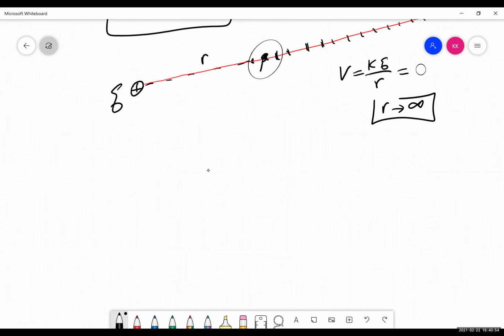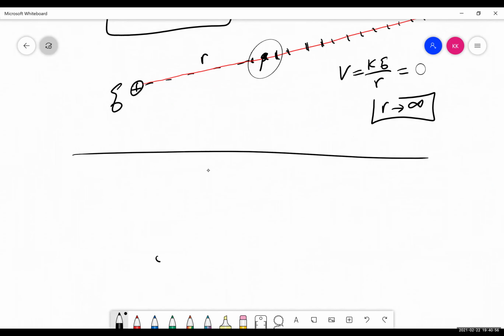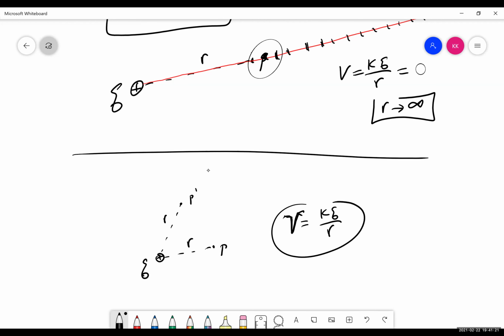If I have some kind of point source charge like this, and I choose some point P at distance r, the potential is kq over r. How about if I choose this point P prime, at the same distance but in a different direction? I calculate the same potential. How about this one? Same distance, same potential.